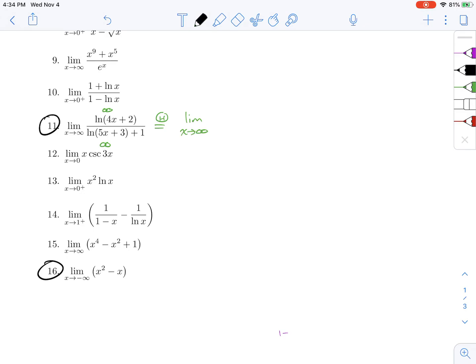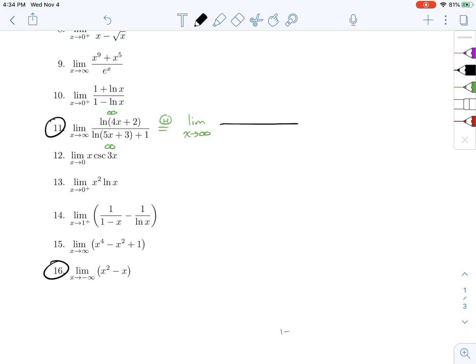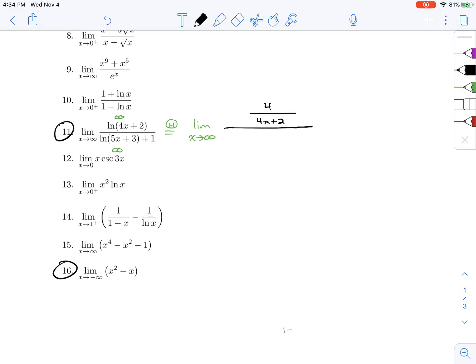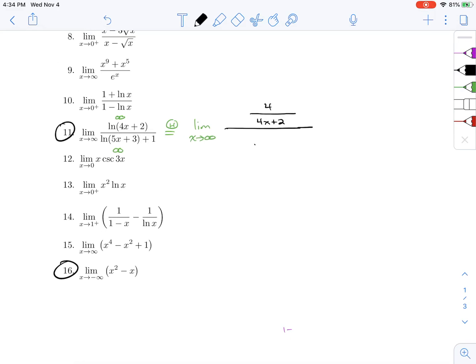I'm going to change to black. Now, L'Hopital's rule, when you take the derivative of natural log of 4x plus 2, you get 4x plus 2 on the bottom, and you get 4 on top. And downstairs, when you take the derivative of that, you get 5x plus 3 on the bottom, and 5 on top. And of course, the derivative of 1 is 0.